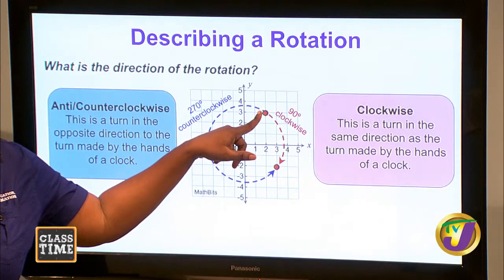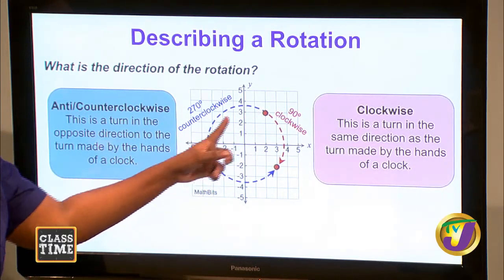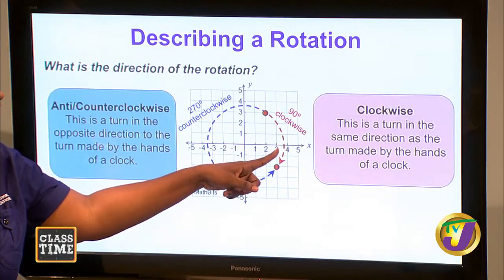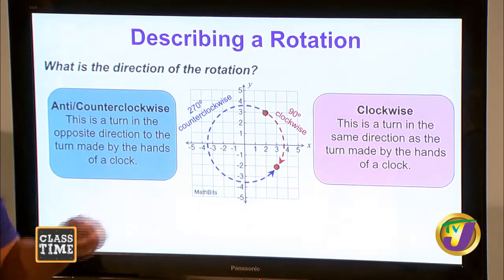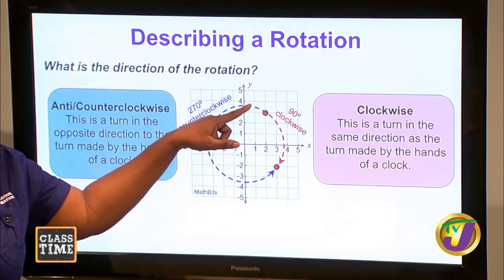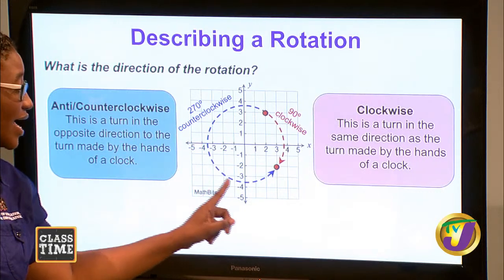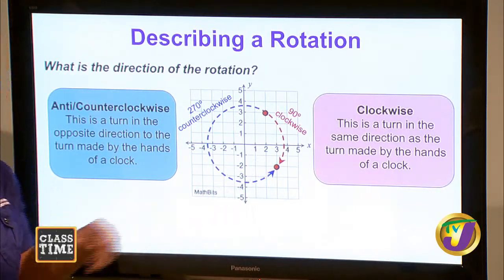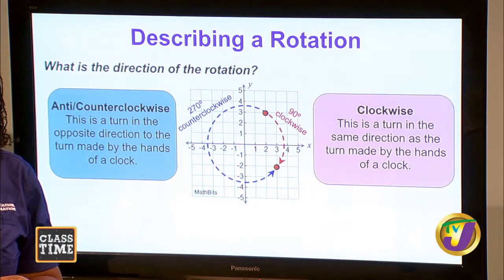So our object or pre-image would be this dot here. And I'm noticing that it's rotated 90 degrees clockwise and ends up right here. And if it was rotated 270 degrees counter or anti-clockwise, it ended up right here. So it looks like it ended up at the same place.